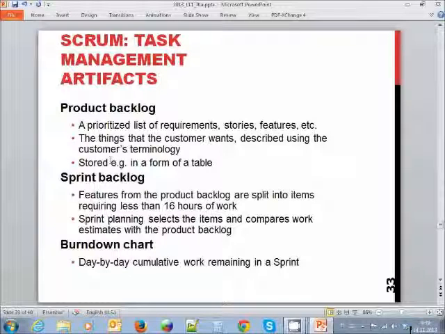So these different artifacts are more or less just designs or documentation for how to run the development process. Product backlog is the list of requirements. Sprint backlog is more or less a daily plan, or a plan of how to implement one item from the product backlog.